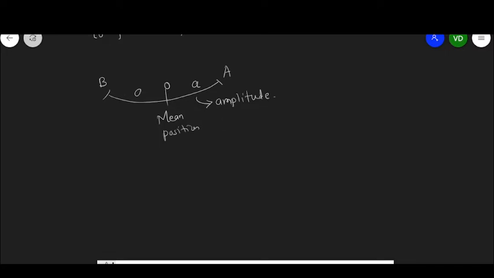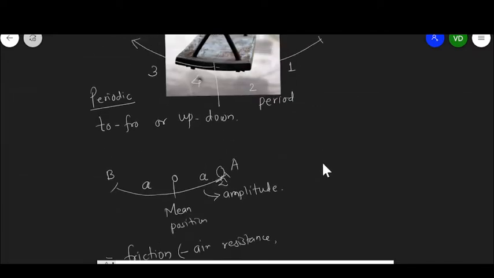So we can have A on both sides, and ideally this will keep on oscillating for infinite time, but that doesn't happen. Why? Because of different forces like friction. For example, if someone is sitting here, the air resistance will be one of the frictions. There could also be resistance at the point where it is tied.